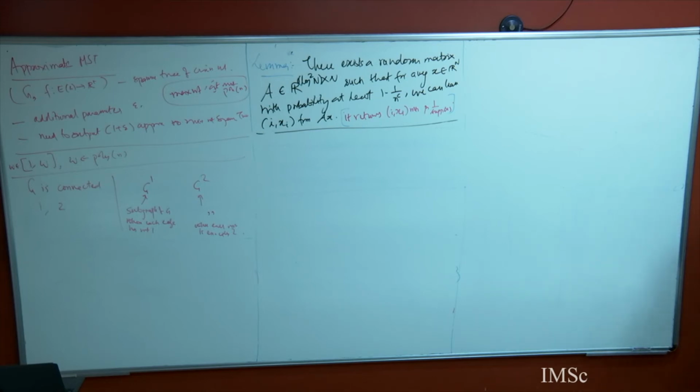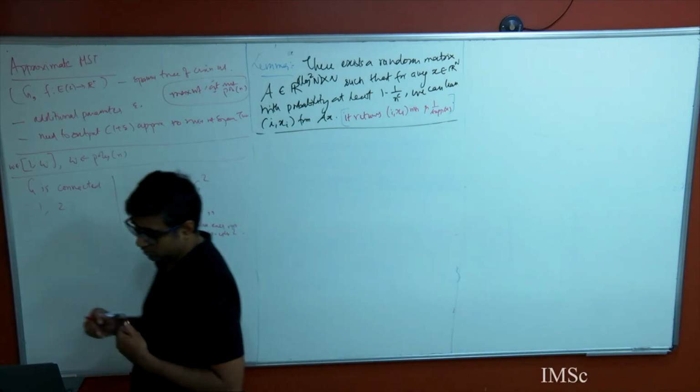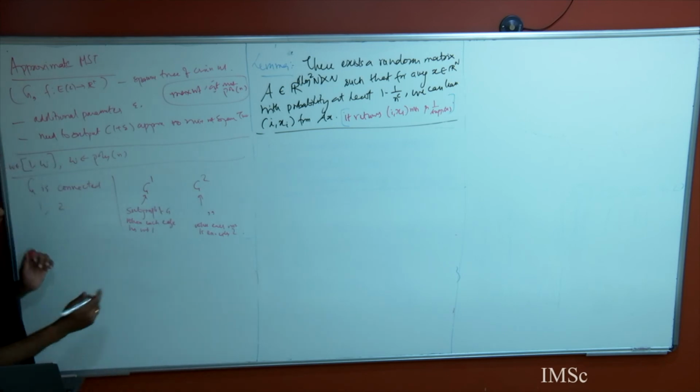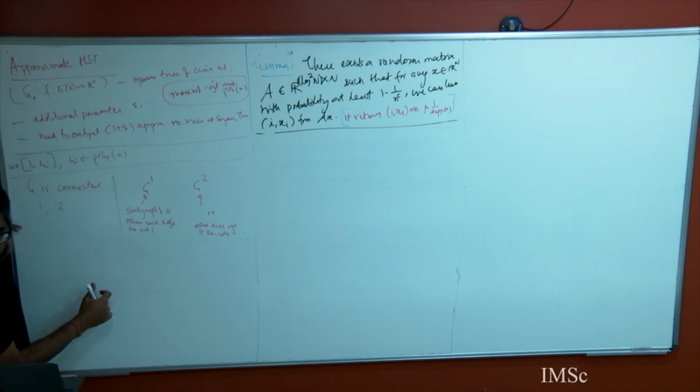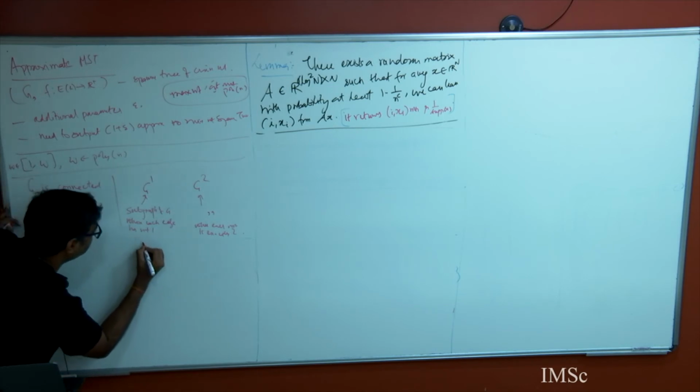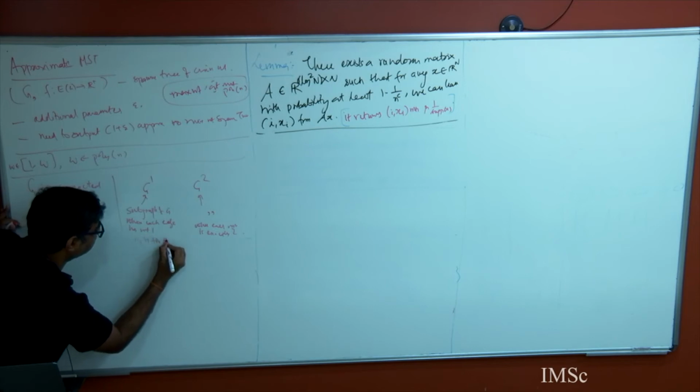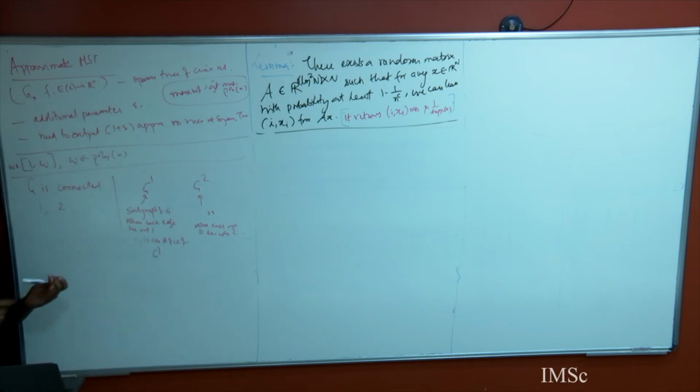So all we need is information about the number of connected components in G1 and G2. Because then it is connected, right? So if I told you how many connected components are here, that's enough, right? So if I told you, say, N1 is the number of connected components of G1, then we know what the minimum weight spanning tree looks like.